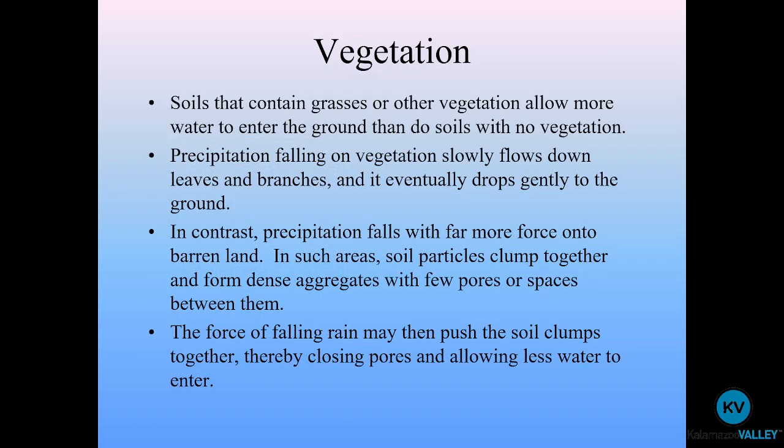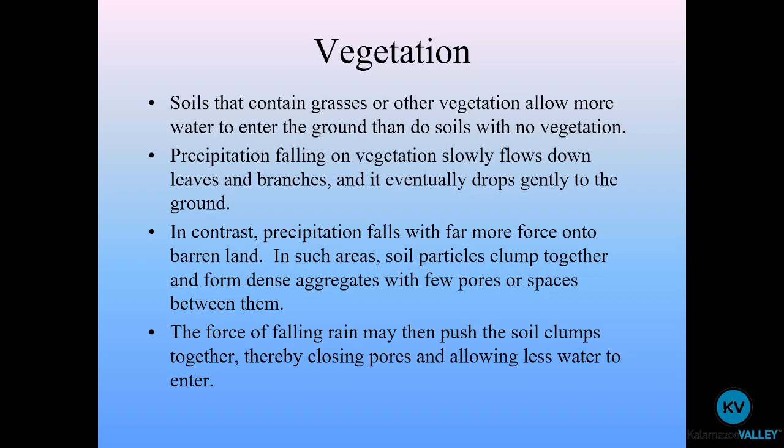The other component of vegetation and how it interacts with runoff is that, yes, the more vegetation there is, the more water it absorbs. But the more vegetation there is, the more tree branches, the more leaves. Really what they're doing is providing a pause between the water droplets falling from the sky and hitting the ground.